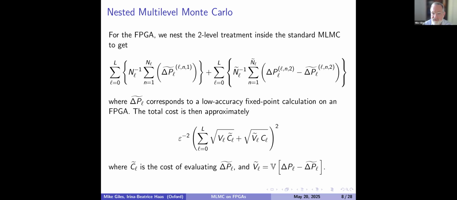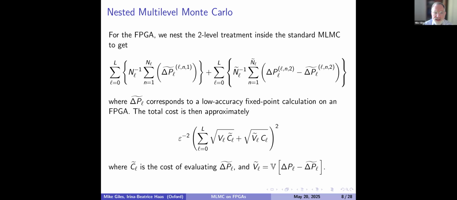Say the number of time steps is 2 to the power little l. So we have the outer multi-level structure corresponding to the time stepping. And then at each level, we want to compute the expected value of delta P. And we split that into two pieces.